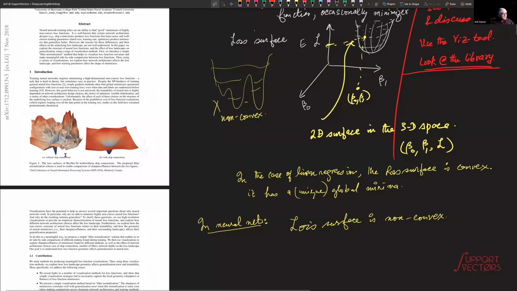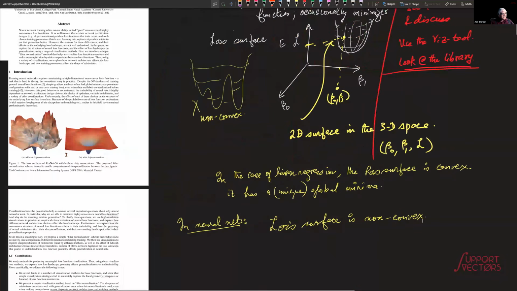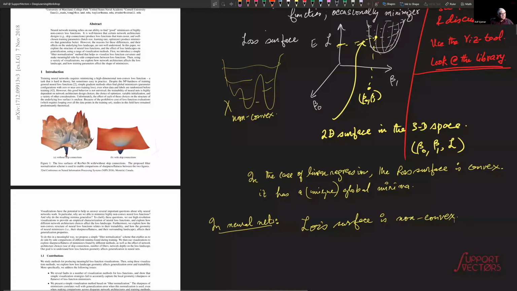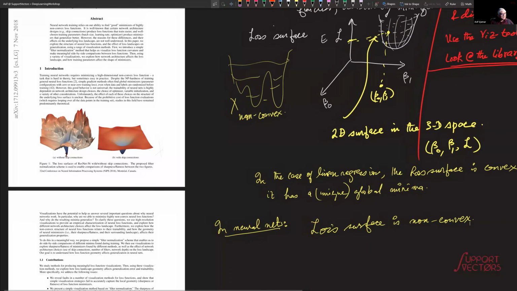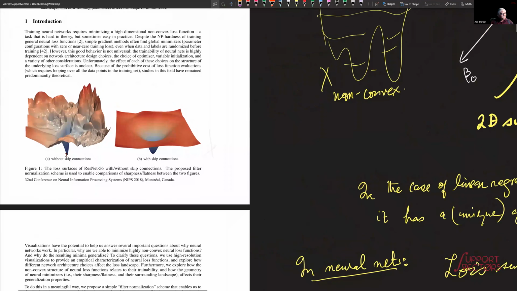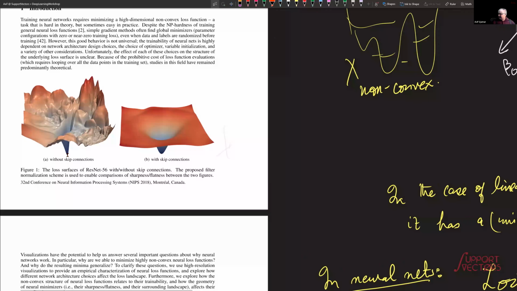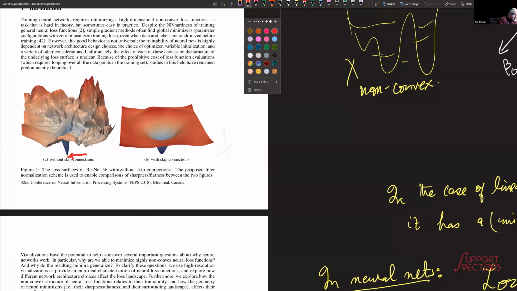When you look at this picture, let's look at this picture. Do you see that it has a global minima here? This is your global minima.